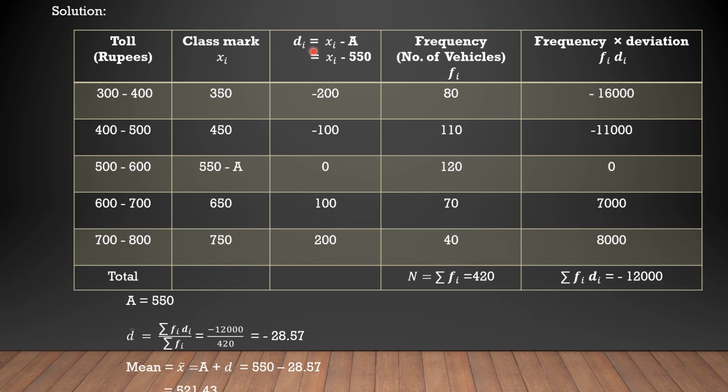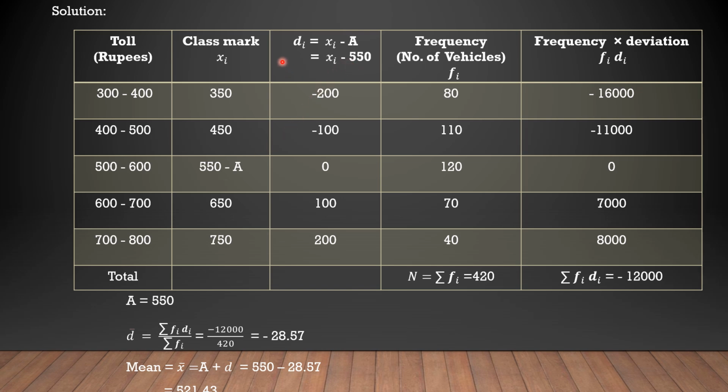So di is equal to xi minus A, and value of A is 550. You can change this value, you have choice. So di is equal to xi minus 550. You can assume 350, 450, any number from this table. Okay, so I assume the value of A is 550.